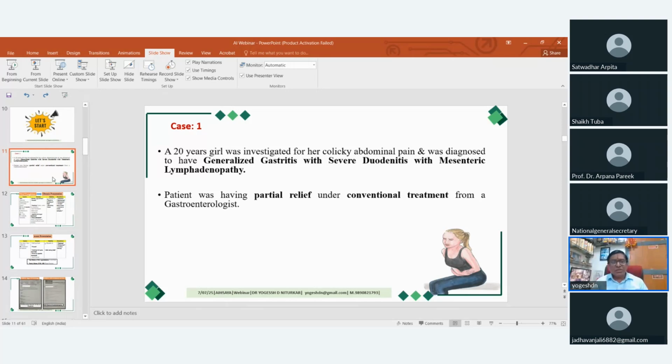The patient was having partial relief under conventional treatment from a gastroenterologist, and it happens many times that patients go to various doctors. Unfortunately, one of our homeopathic practitioners, one of the family members of the homeopathic family, treats such types of cases.